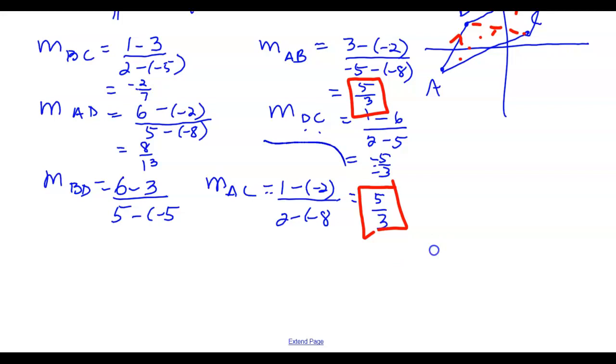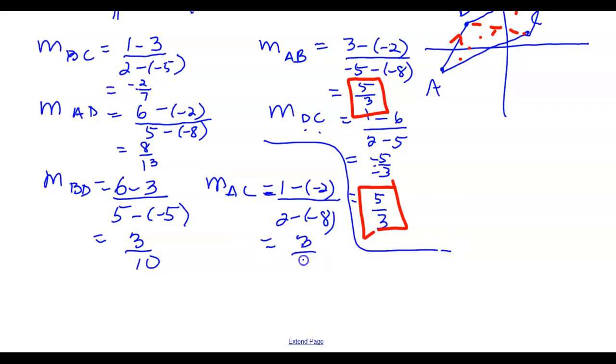Okay, so when we simplify those, we get 3 over 10, and we get 3 over 10. So now those two sides are parallel. So it is a parallelogram.